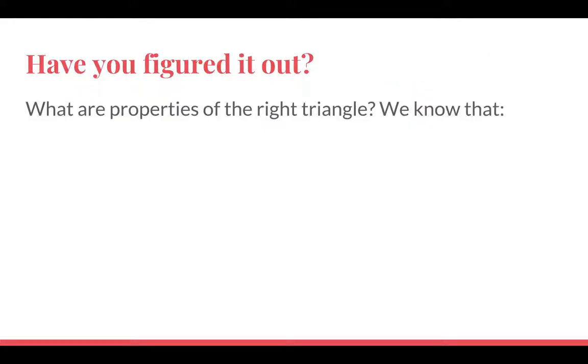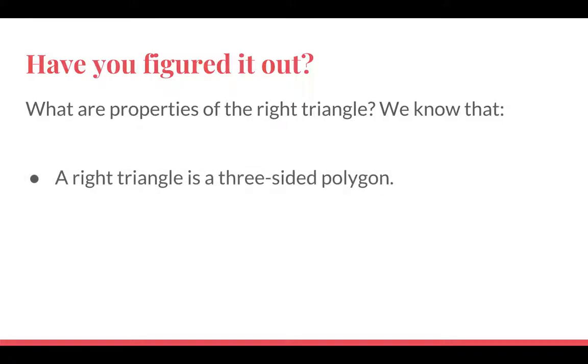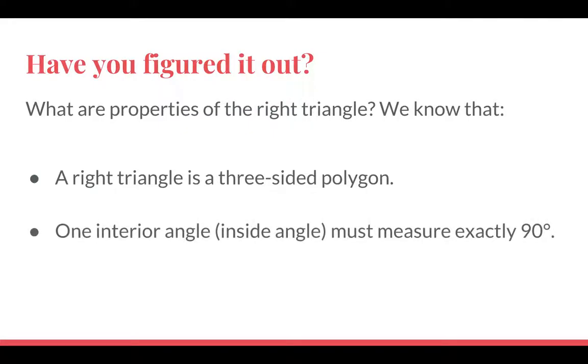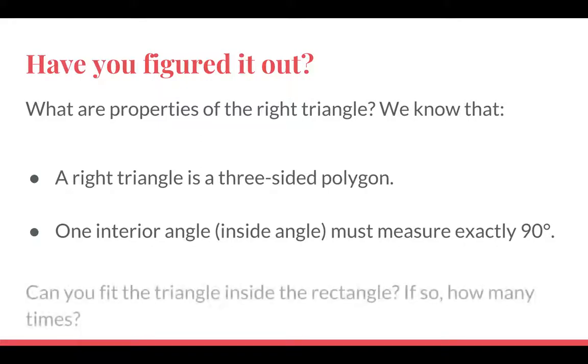So what are some properties of the right triangle? We know that a right triangle is a three-sided polygon, so there are three sides to it, and one interior angle, or inside angle, must measure exactly 90 degrees. So can you fit the triangles inside the rectangle?